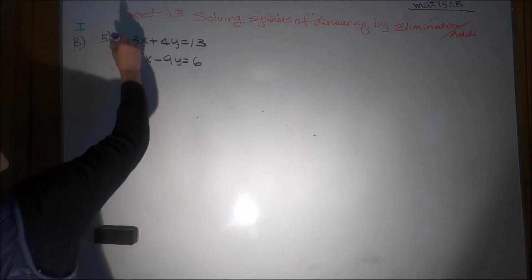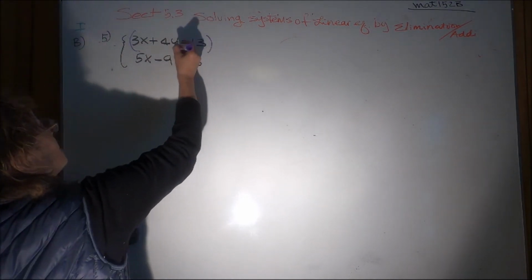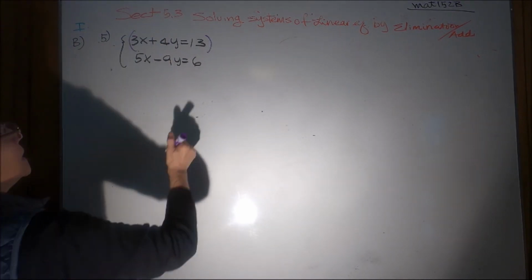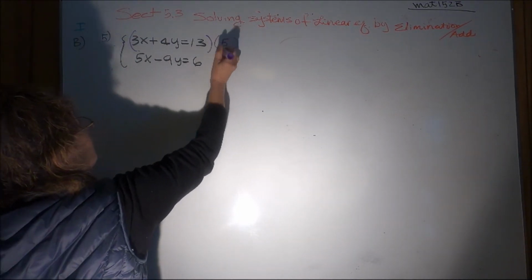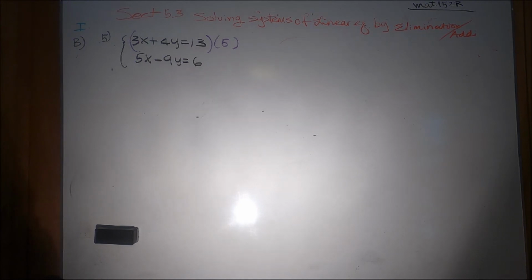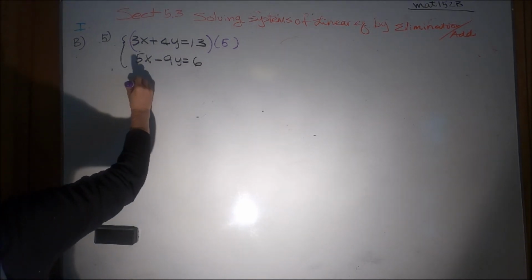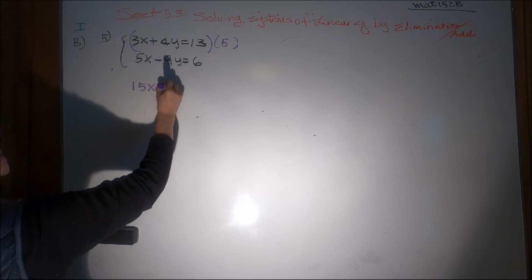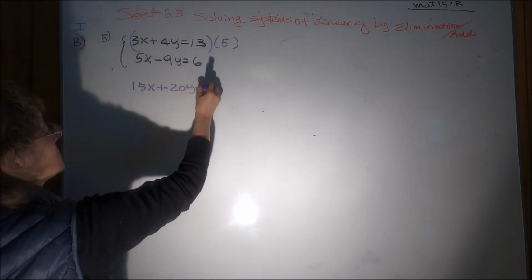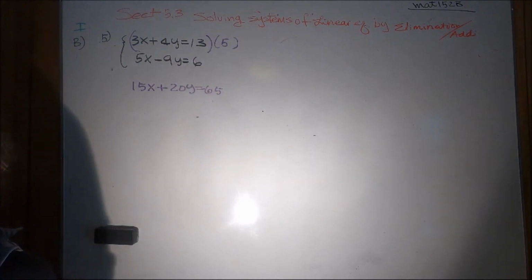So first one, if I wanted to use 15, I should multiply it by 5. So what do I have? 15x plus 20y equals 65, right? You distribute.